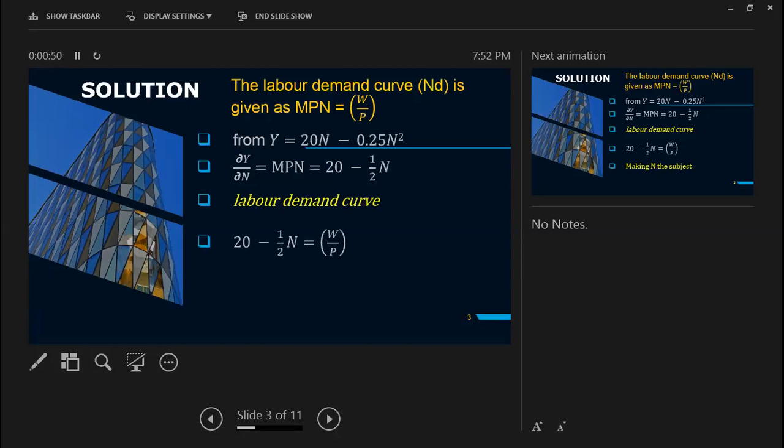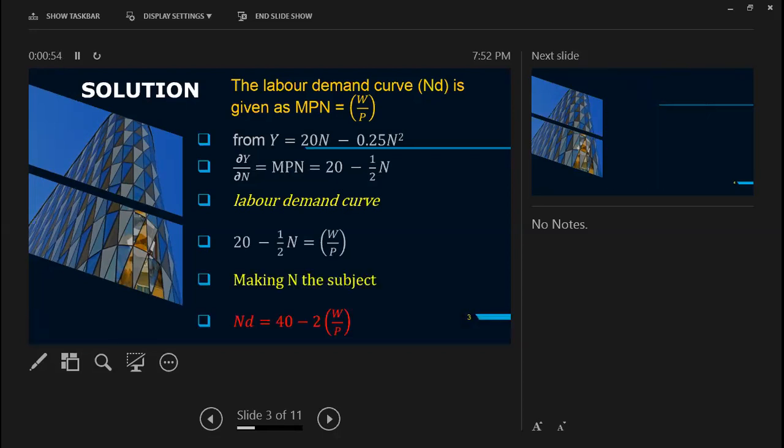Then we make n the subject. So by doing that, we get ND equal to 40 minus 2 times the real wage. So this is the labor demand curve. ND is labor demand, equal to 40 minus 2 times W over P.